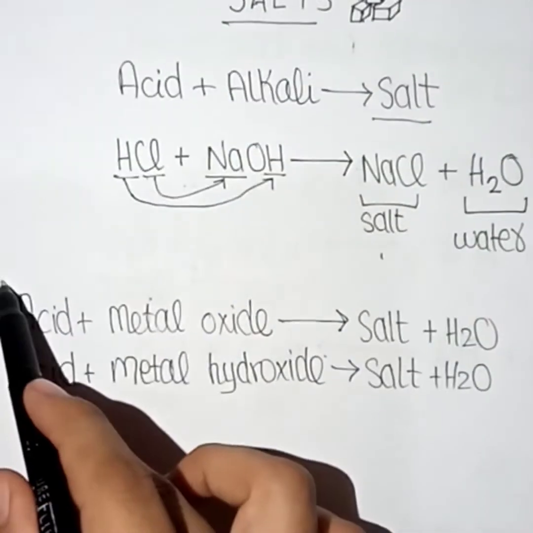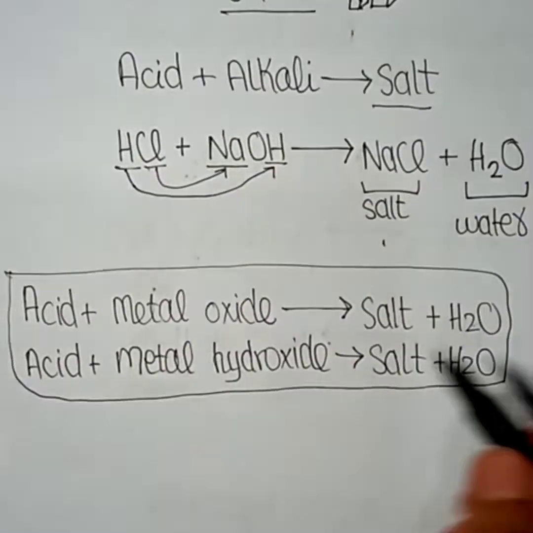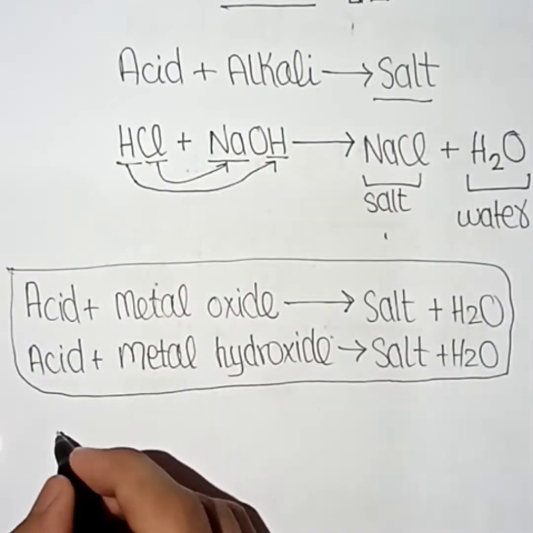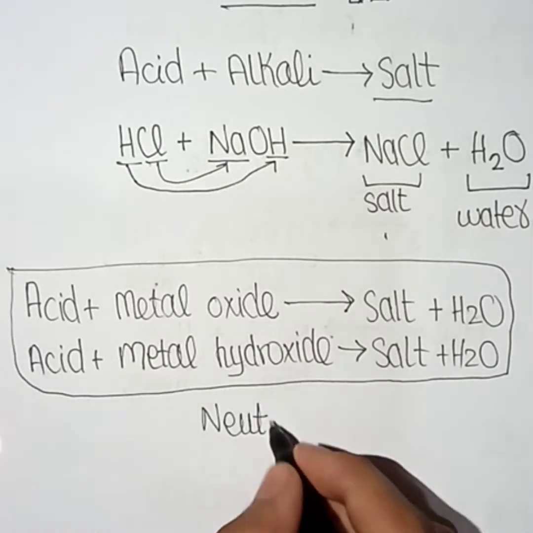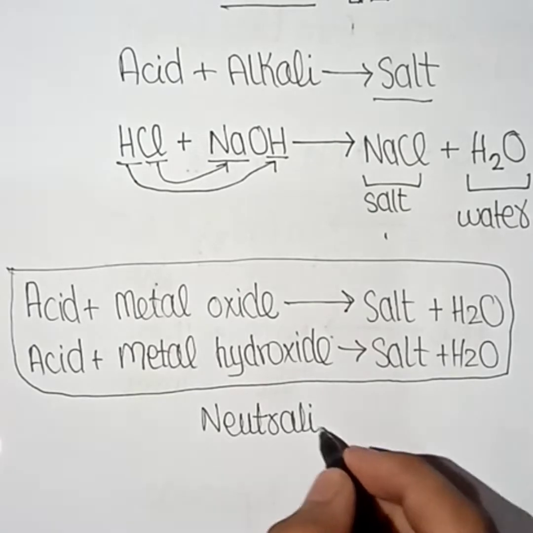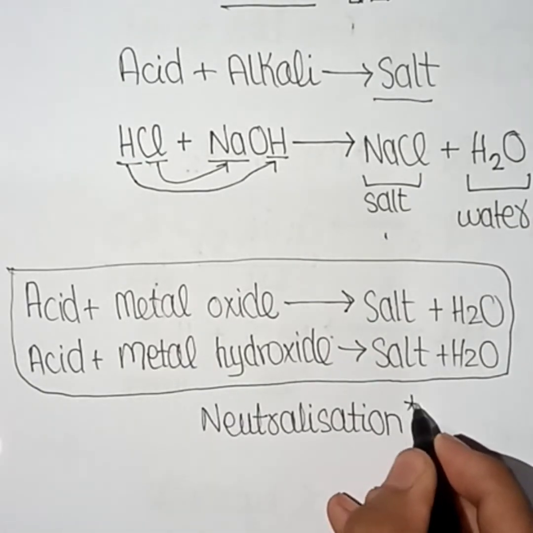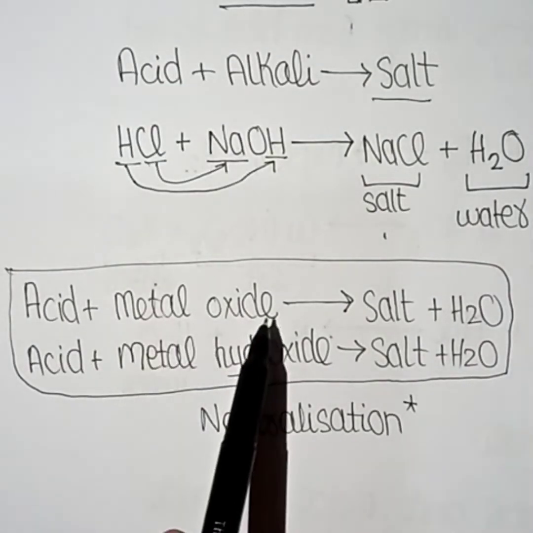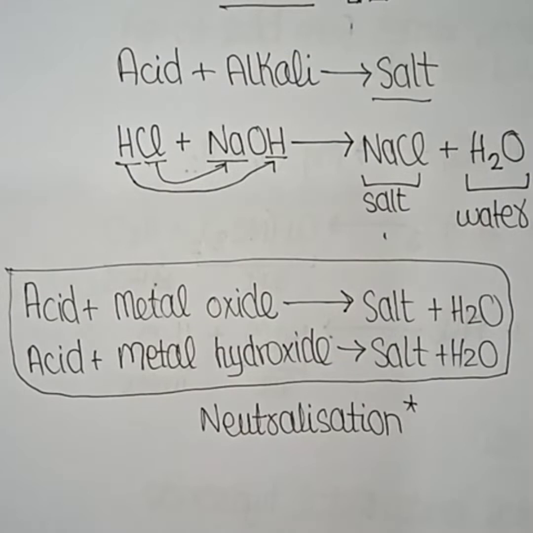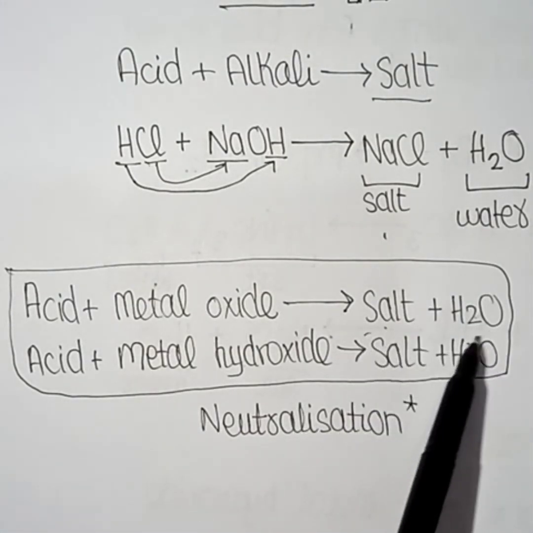Understand? So this is known as neutralization, which is important to learn. Whenever acid reacts with metal oxide, as I have given you the example previously, it will form salt and produce water.